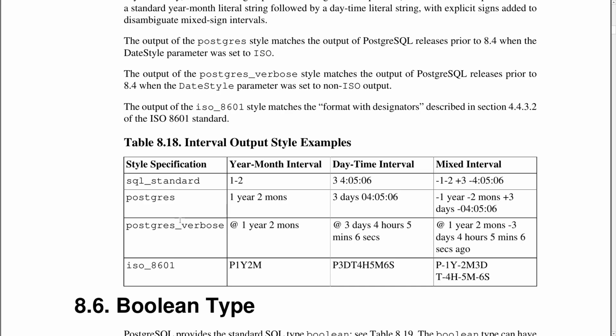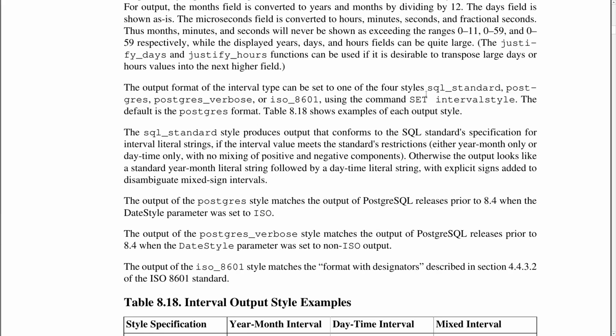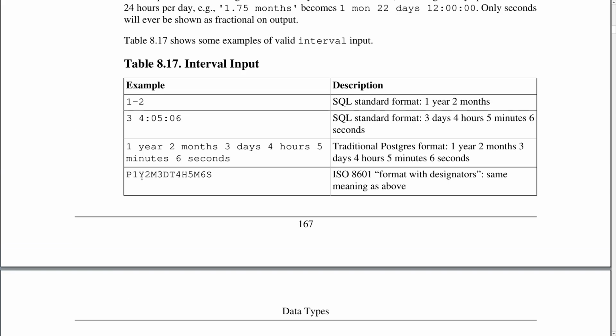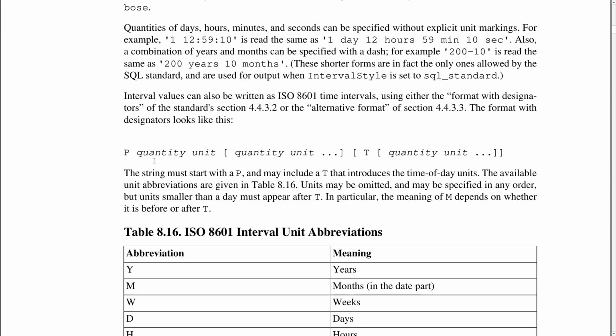If you don't set it, it will be the Postgres style. We can stick to Postgres also, and we will actually use Postgres because in general, when working, we don't set this interval style. So it could be beneficial to use the PostgreSQL style. For these, you can also study the PostgreSQL standard.